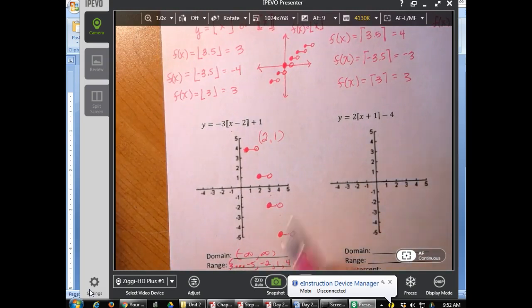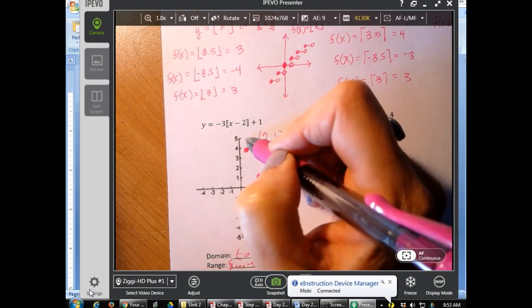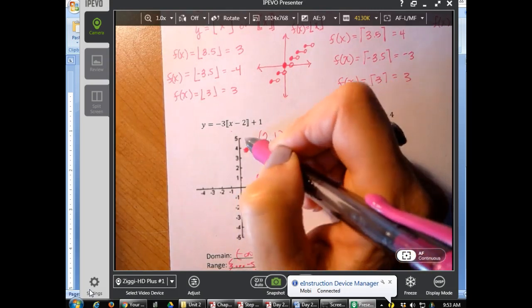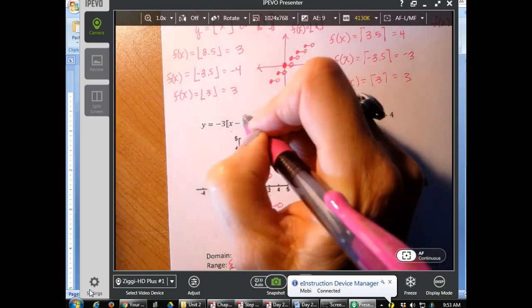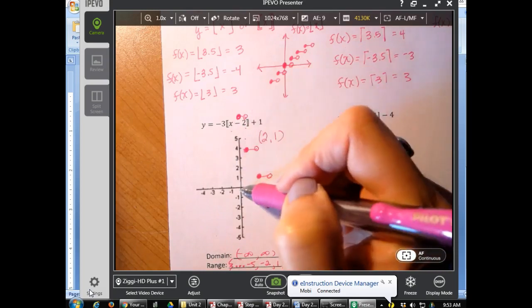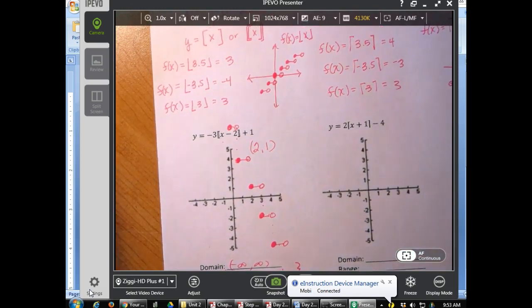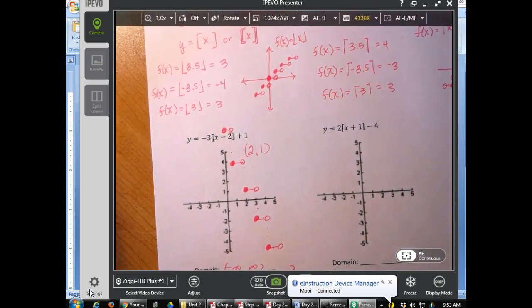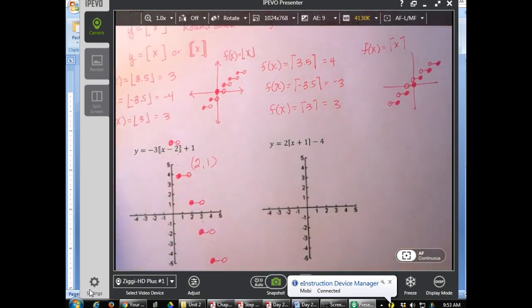The y-intercept: I'd have to keep going up, 1, 2, 3 would put me at 7, so I have an open hole at 7. So it's going to be at 0, 7. That would be the y-intercept. Is this even, odd, or neither? These are always neither. So that is what the function looks like.